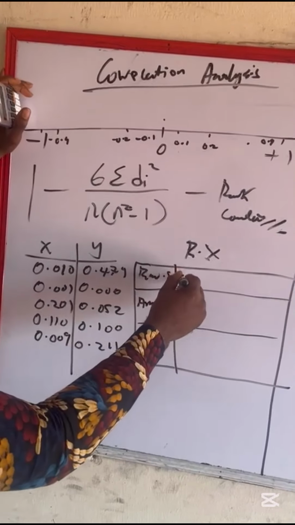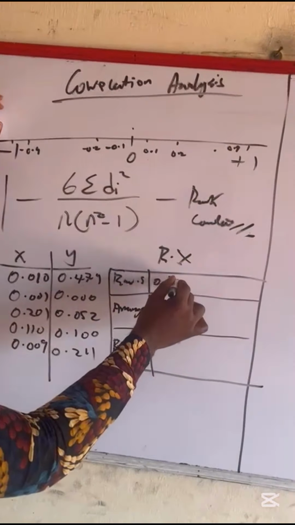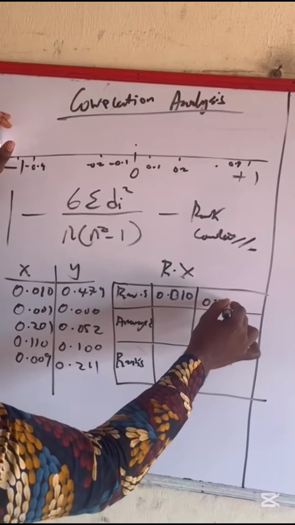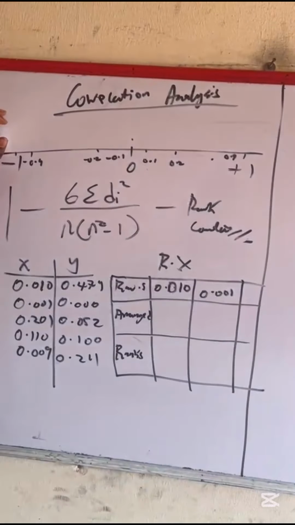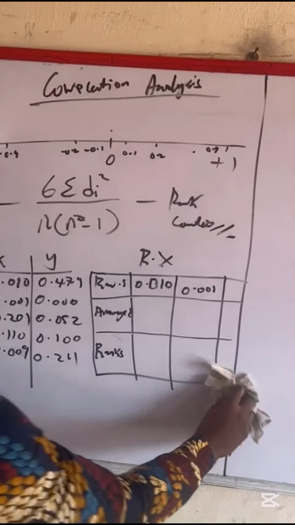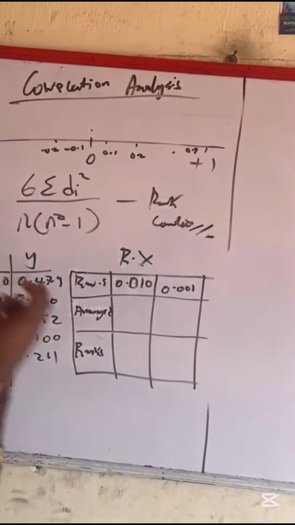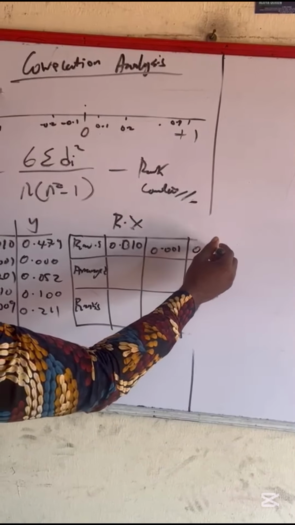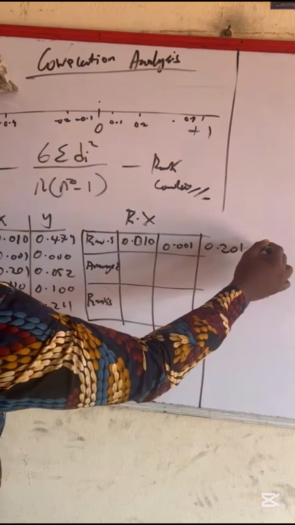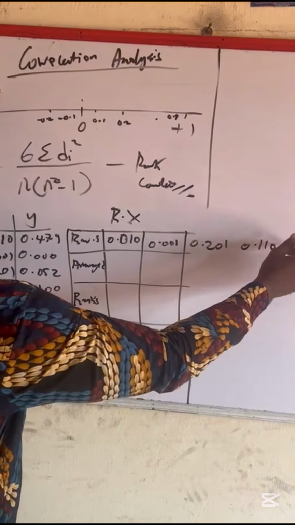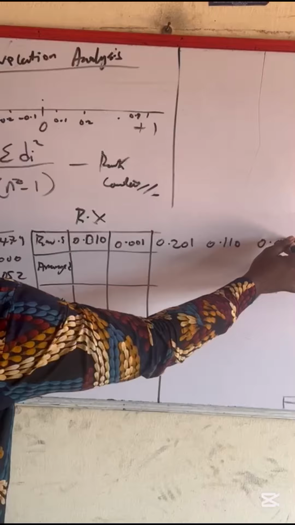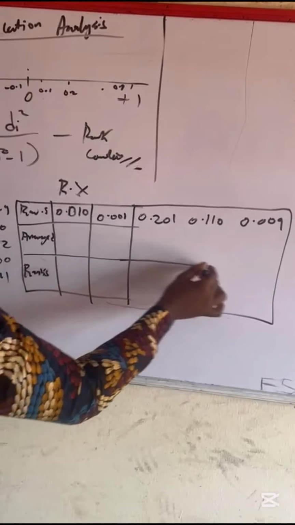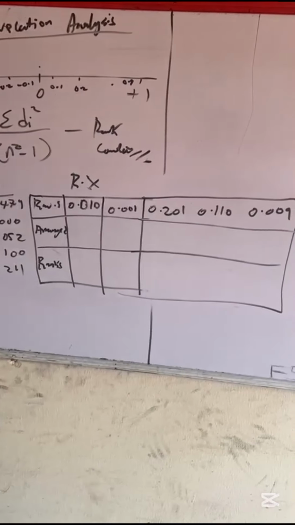The raw scores are 0.1, 0.010, 0.001, 0.201, 0.110, and 0.009. So those are the raw scores.